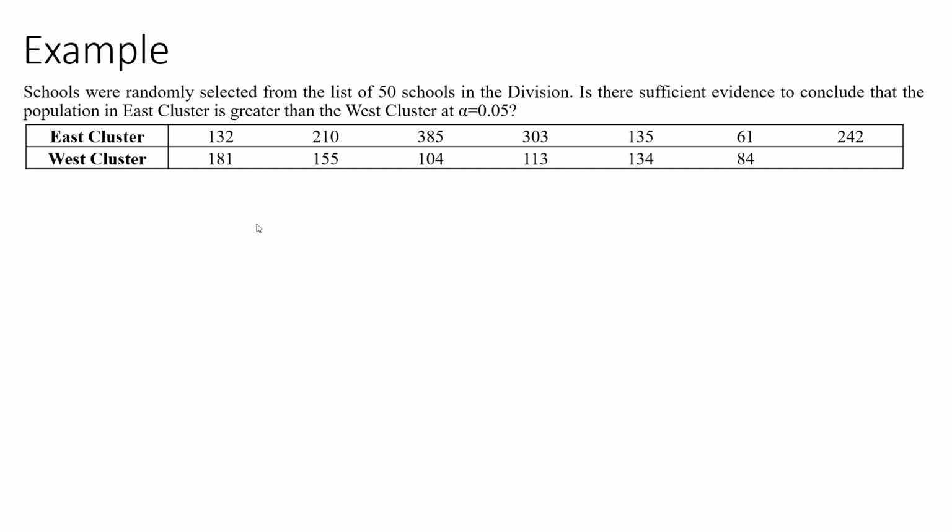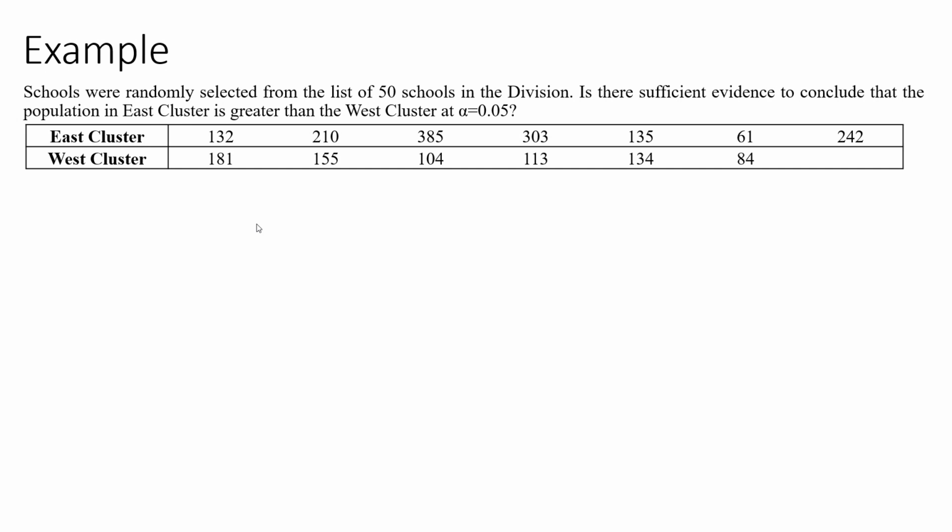We are going to determine if the population from the list of 50 schools in the division, the East cluster and the West cluster, significantly differ from one another. Take note that the claim here is that the East cluster is greater than the West cluster.